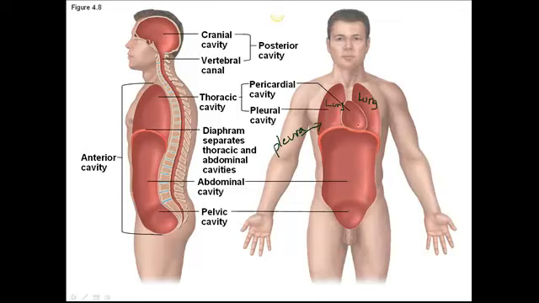And this is your heart, and it's surrounded by a serous membrane called the pericardium, peri meaning around. And then in the abdomen, there's a membrane. It doesn't cover everything, but it covers most things. This is called the peritoneum. And this whole thing is the abdominal cavity.